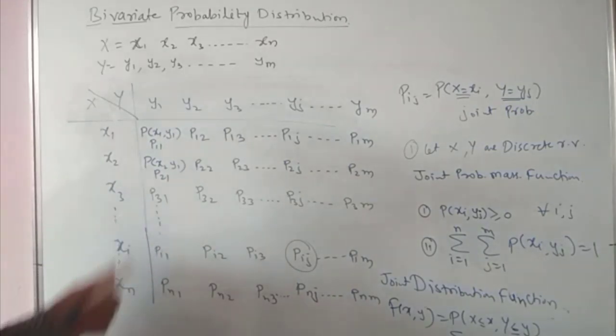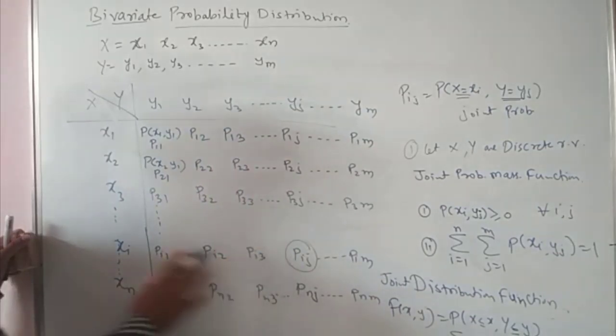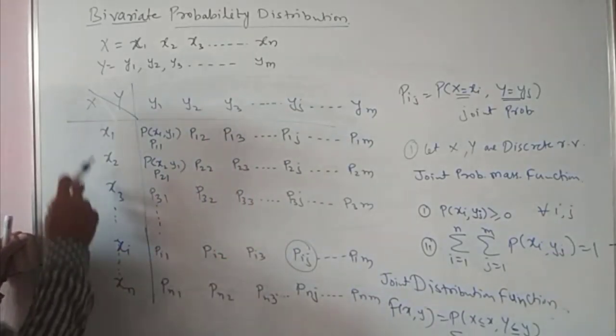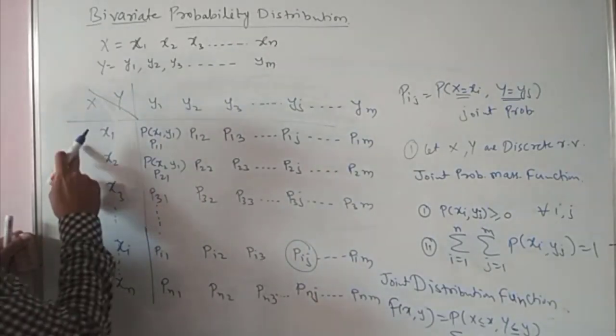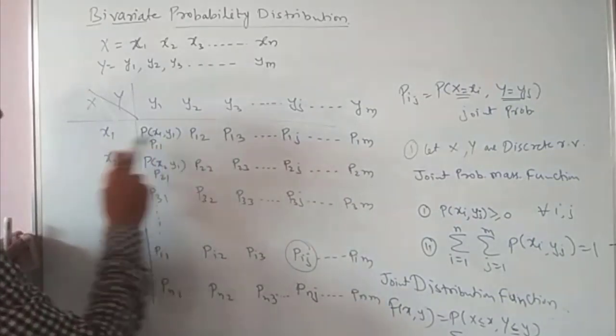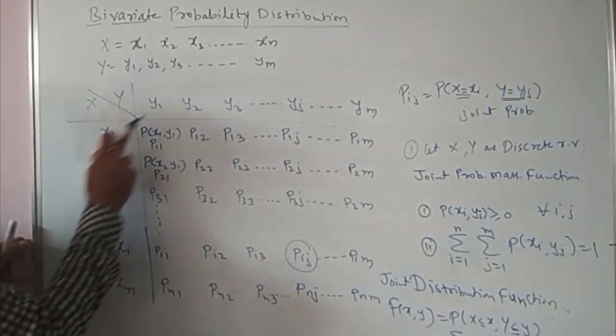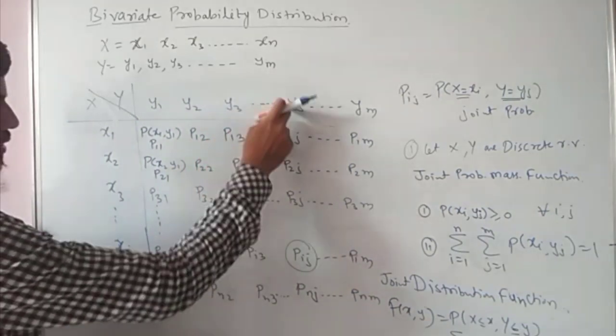Now let's come back to the joint probability distribution table, or bivariate distribution. All these entries denote probabilities here. If you take the first row, the value of capital X is common here: X takes value x1 only, whereas Y takes value y1, y2, y3, and so on.